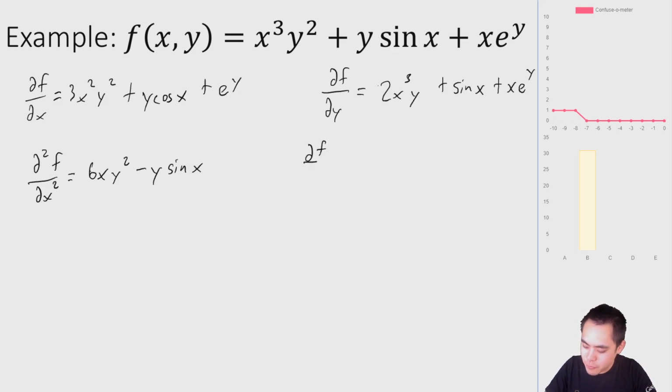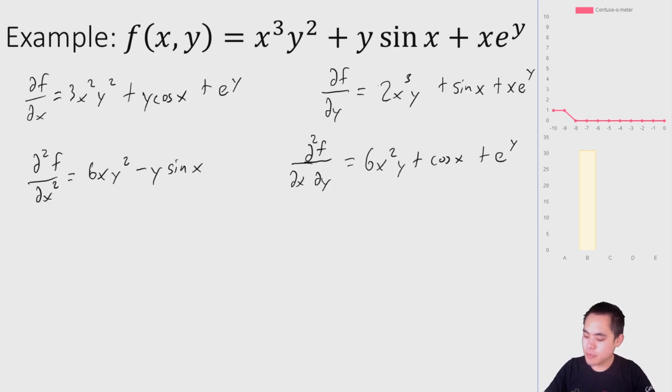So let's take del squared f, and let's do del y first, and then we'll do del x. This is just the derivative of the thing up here with respect to x as well. And what that's going to give us is 6x squared y plus cosine x plus e to the y.